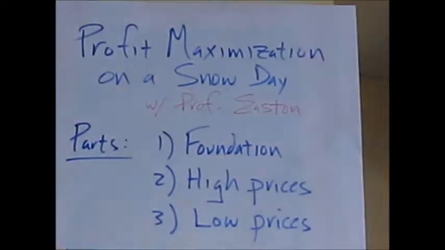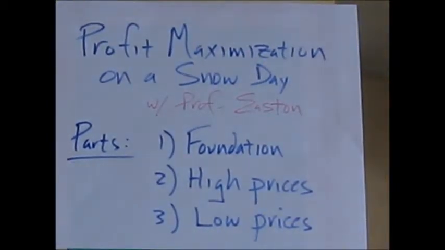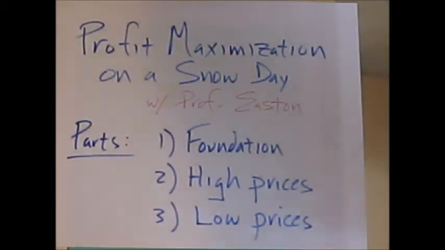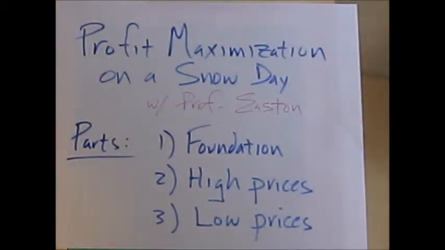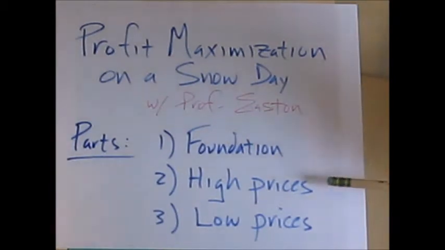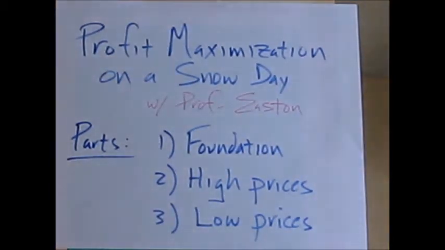And let me just remind you what we did in part 1 and part 2. In part 1 we talked about what profit is and how the firm's demand curve relates to the market demand curve. In part 2 we introduced the profit maximizing rule, and we practiced implementing it at a really high price, 15 cents a bottle, and then at a somewhat high price.